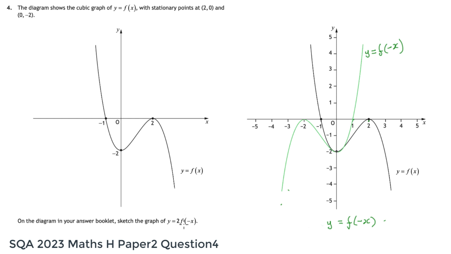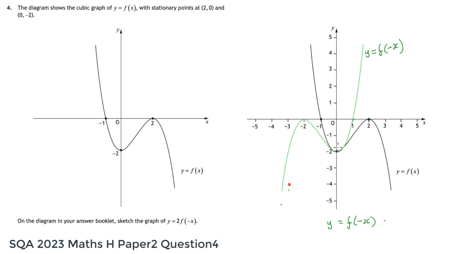Now, we're asked to sketch a graph of twice this. So the y-coordinates are twice those of the green graph. So in other words, where we have, for instance, let's take negative 3. It looks very much like we've got negative 2 as the height on the graph. If we double that, we'll get a point down here at negative 4.